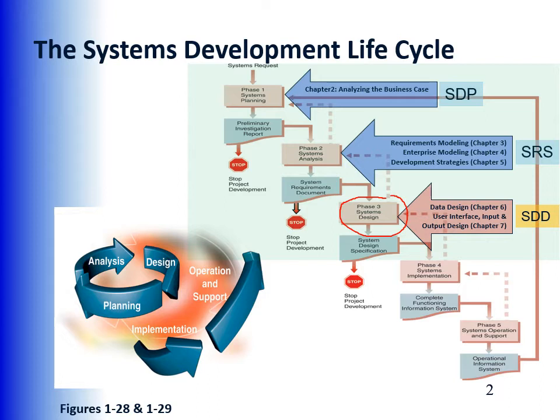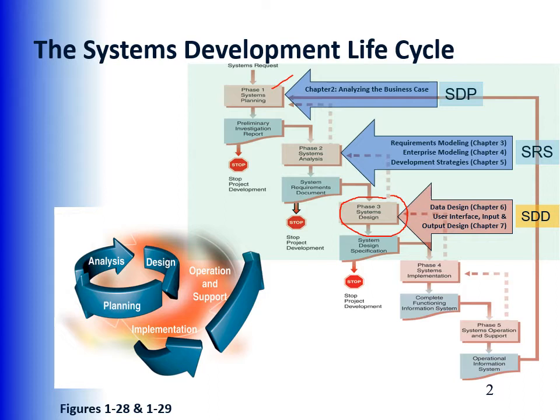Okay, let's have a look at what you have gone through during the first two phases. Phase 1, system planning. The purpose of this phase is to identify the nature and scope of the business opportunity and problem.